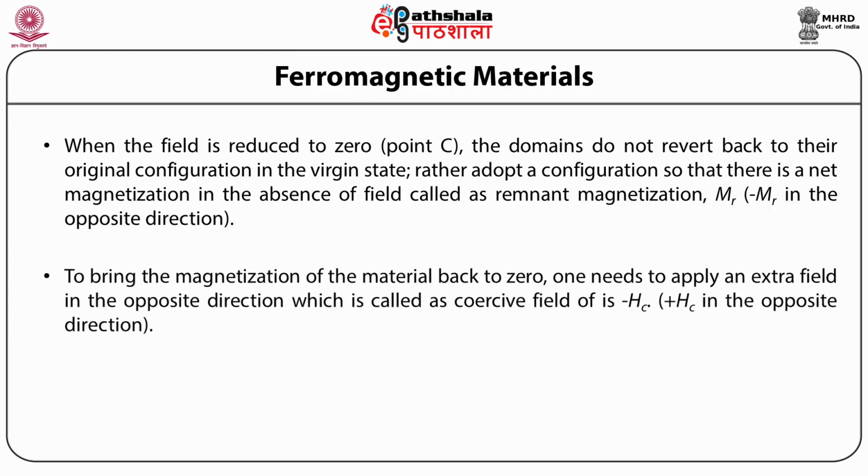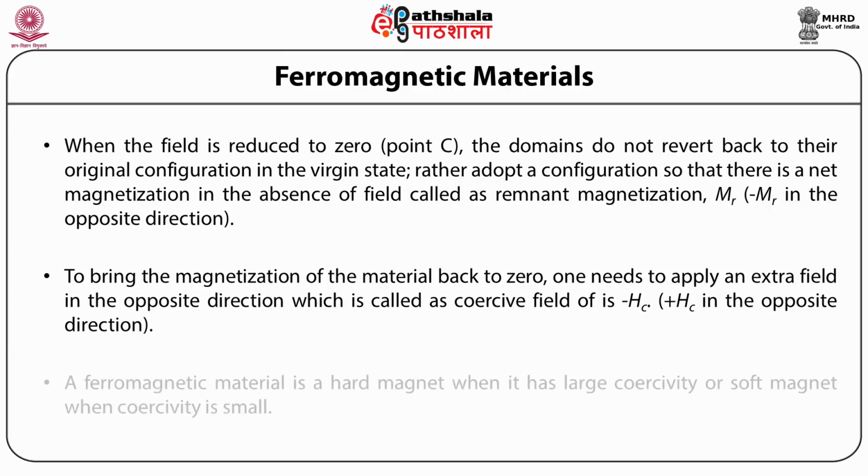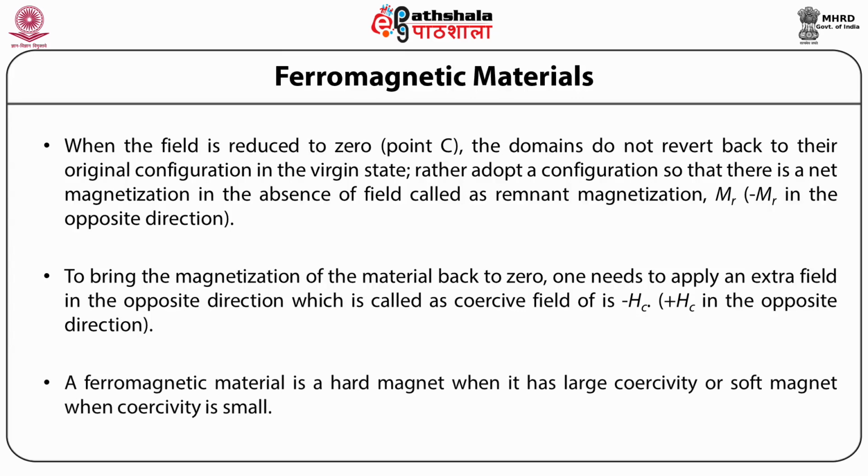To bring the magnetization of the material back to zero, one needs to apply an extra field in the opposite direction, which is called the coercive field, and it is represented by minus Hc and plus Hc in the opposite direction. A ferromagnetic material is a hard magnet when it has large coercivity, or a soft magnet when coercivity is small.